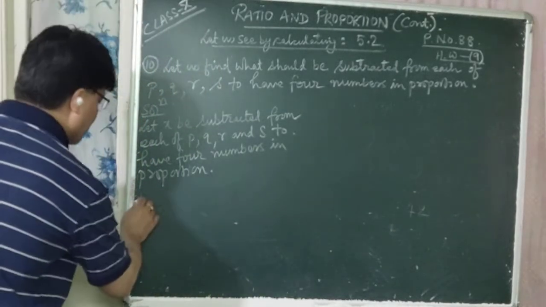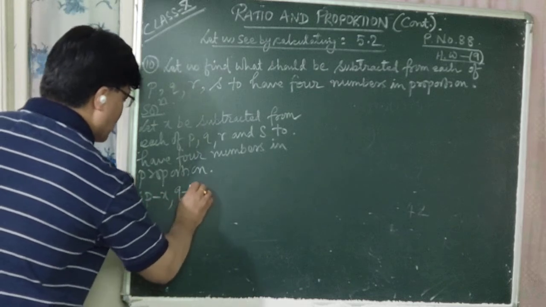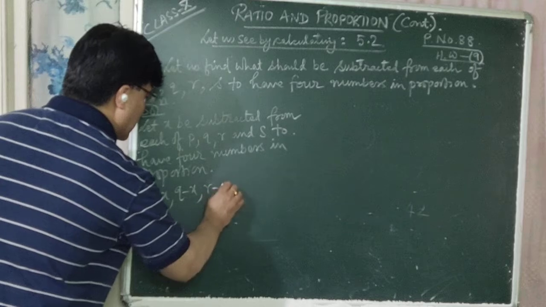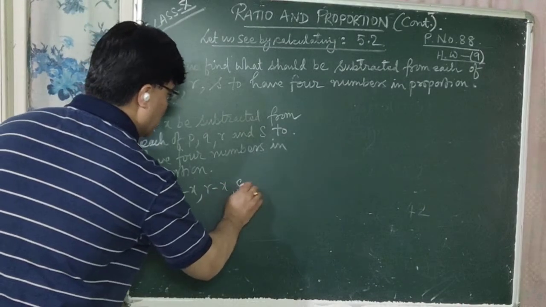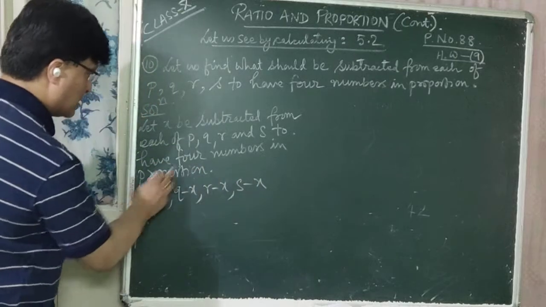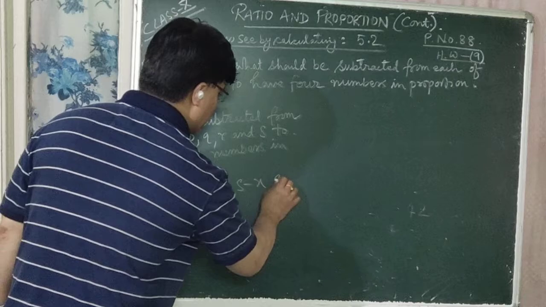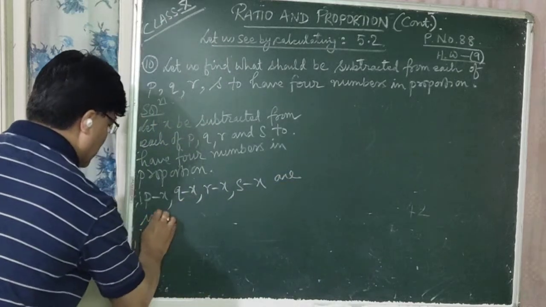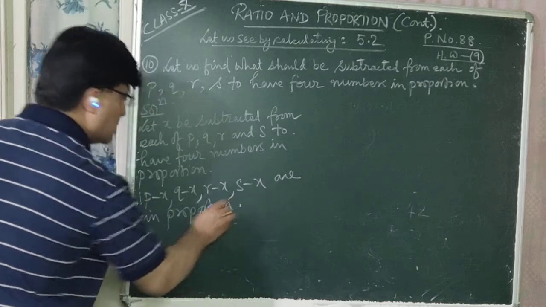Therefore P minus x, Q minus x, R minus x, S minus x are in proportion. Is that clear?